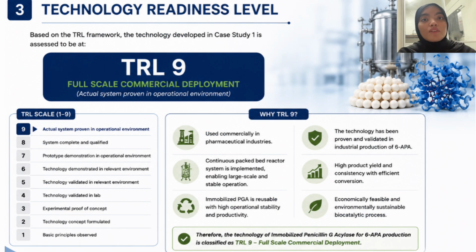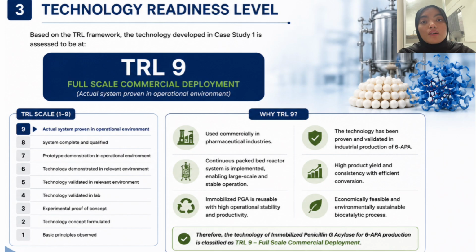Next, we evaluate the technology using the technology readiness level, or TRL, framework. Based on the evidence gathered from case study number 1, an industrial application, we classify the technology as TRL 9. TRL 9 is the highest level of technology maturity. It indicates that the technology has been fully proven in an operational environment and is already used in large-scale commercial production.